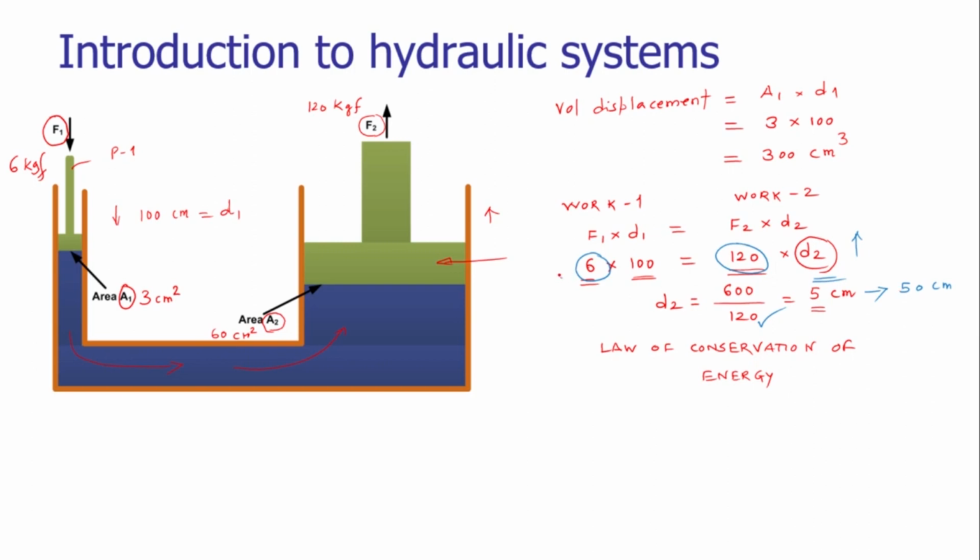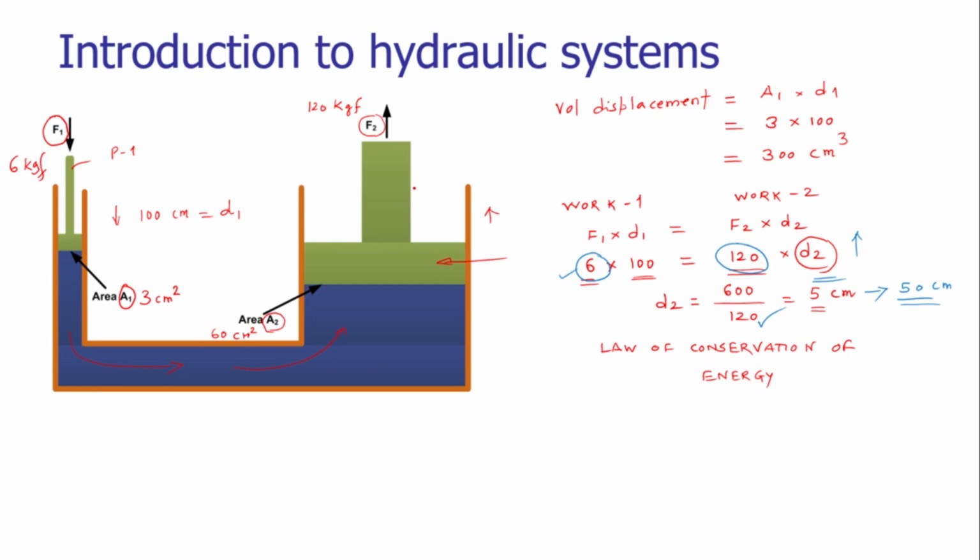But our cylinder is small; the input system is able to apply only 6 kgf. So in that case we have to increase the displacement. Instead of one application of 100 centimeters, we have to apply around 10 applications of 100 centimeters. That means 10 strokes of fluid are to be pushed into the right side of the system to get the 50 centimeter displacement of F2.